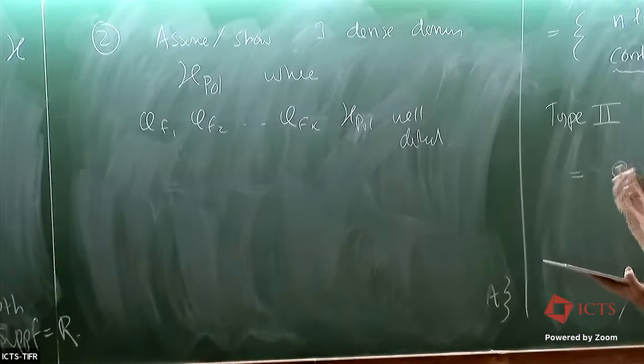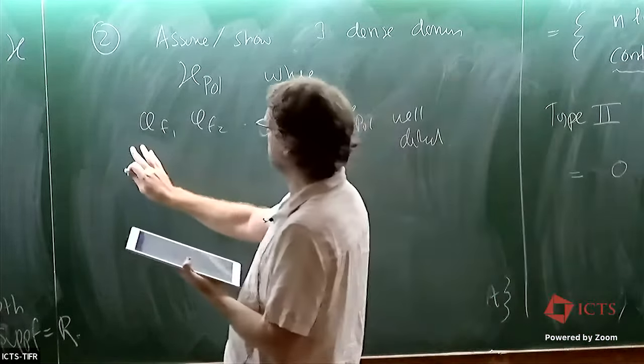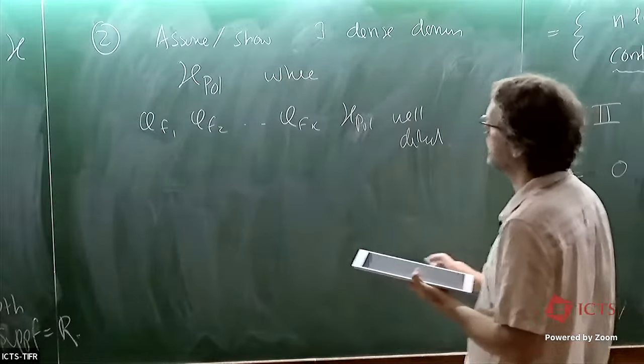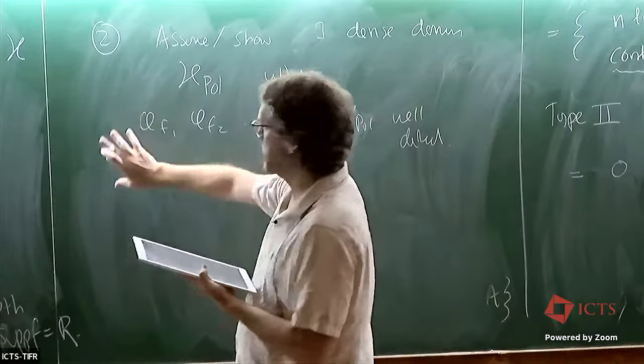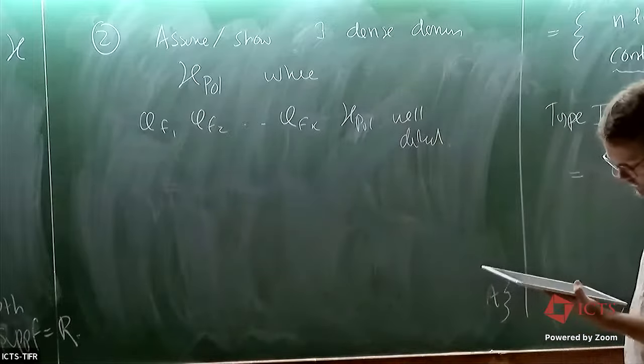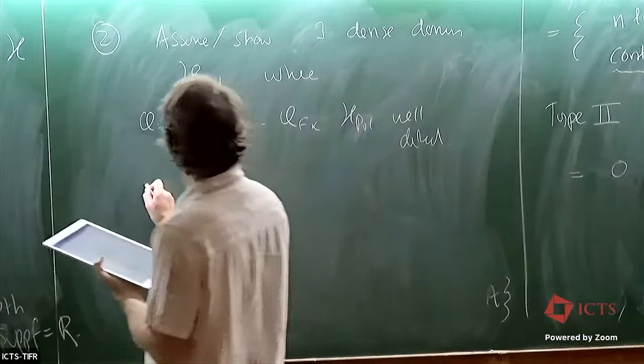And if you also assume this is true for the adjoint, which is natural if you think of this as a real scalar field and you have real functions, then you can show it's closable.